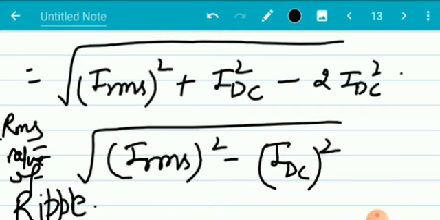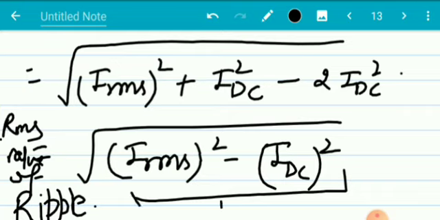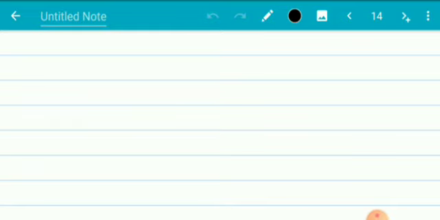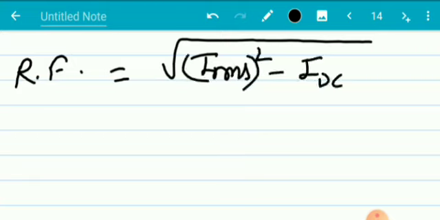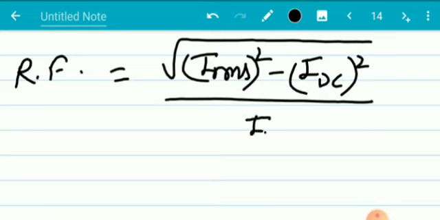Or we can say that this RMS value of ripple is the RMS value of the AC component available in the output of the rectifier. Okay, so simply by using the formula for the ripple factor, we can write this as under root of IRMS square minus IDC square, ratio with IDC. This is the formula for the ripple factor calculation.